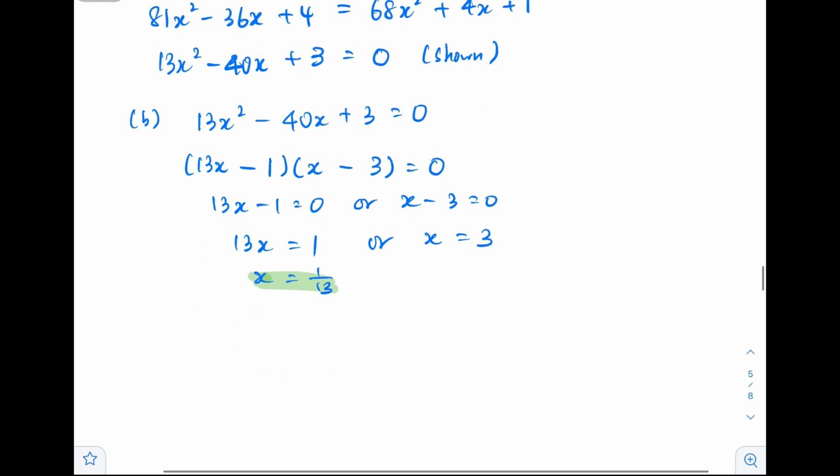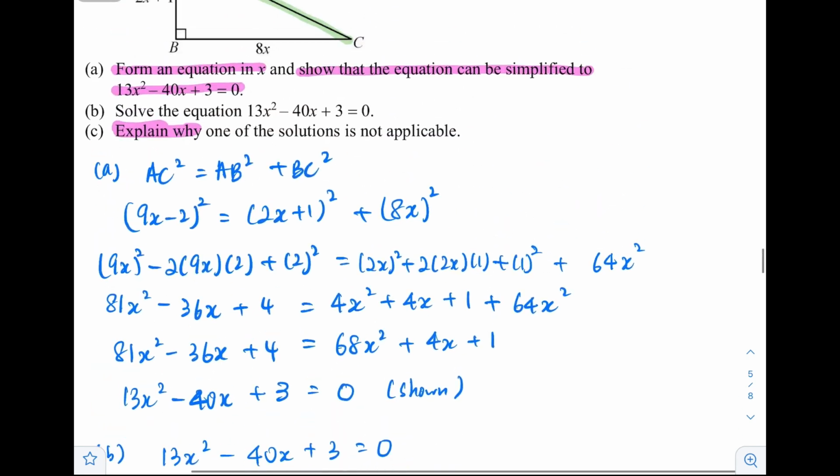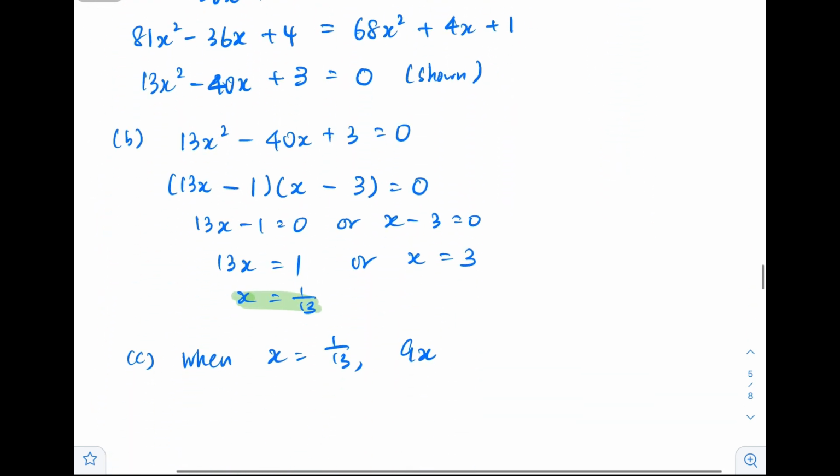I can write down the explanation as follows. When x equals 1 over 13, 9x minus 2 will be equal to 9 times 1 over 13 minus 2, which is 9 over 13 minus 2, which is going to be a negative value.